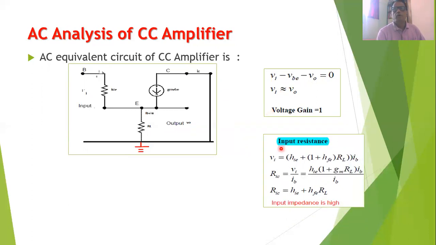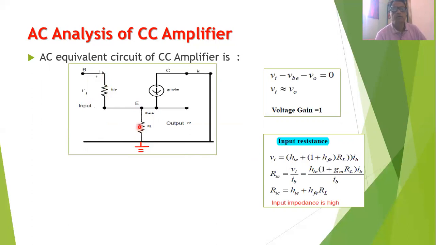Now we will go for the input resistance. You will find that the input voltage VI is the voltage between base and ground, that is the collector. From this circuit, we can write the equation for VI. VI is nothing but the voltage across this resistance, that is IB into HI, plus the voltage across this resistance RL.